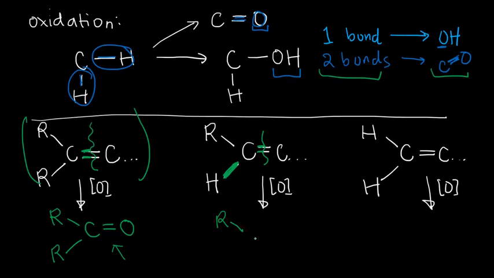There's nothing that's gonna change there. But that double bond I just broke will become a double bond O. And since I have still one bond left to oxidize, we know that we can convert that to an OH, giving us something like this. Again, hopefully you already know what this is called, but I'm just trying to share with you what's happening in general.